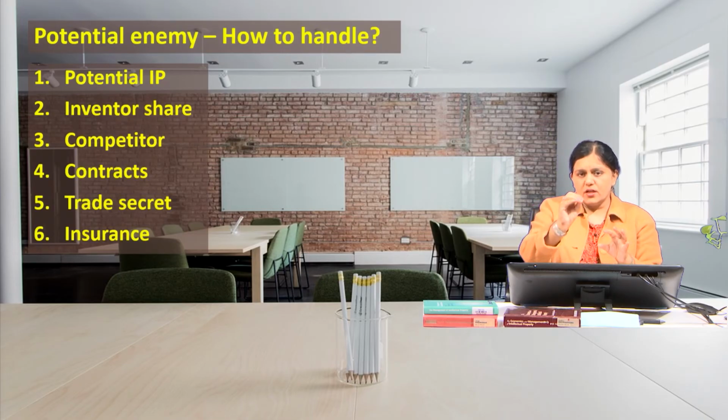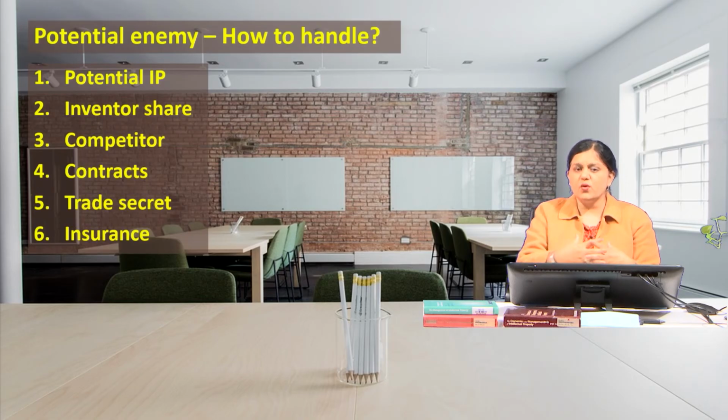I should share one example here related to inventor share. If you are a startup, generally you are a very small, very close group, maybe 2 founders and 2-3 employees, a team of 5 working closely, and you have built a very close relationship.